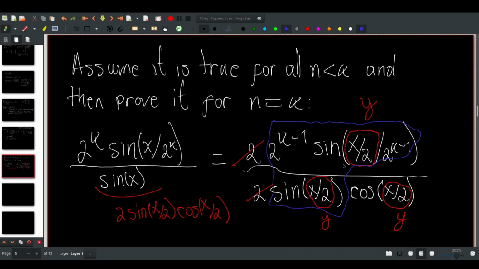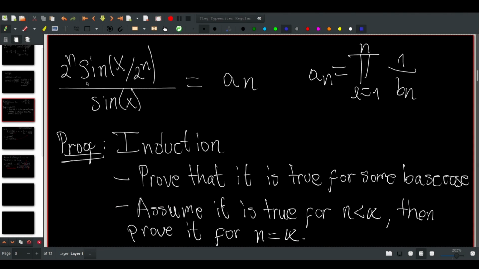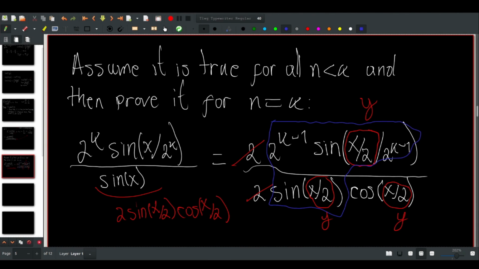Okay, so this part, what is encircled in blue, is actually the correct statement for n equals k minus 1, right? See, it has 2 to some power times the sine of something divided by the same power that it's multiplied by, and dividing there is the sine of that same thing.